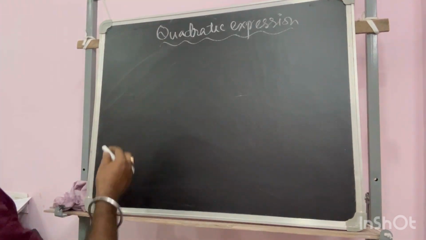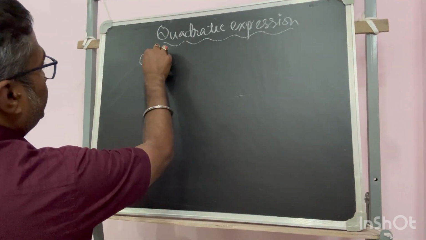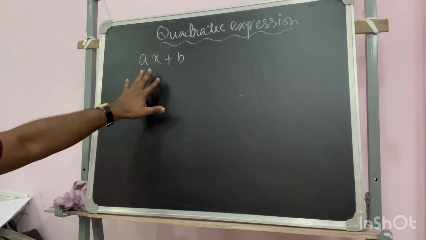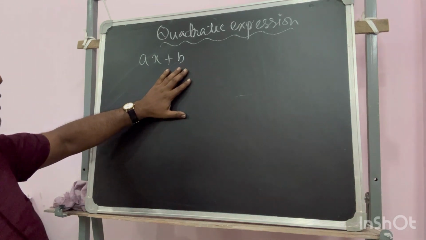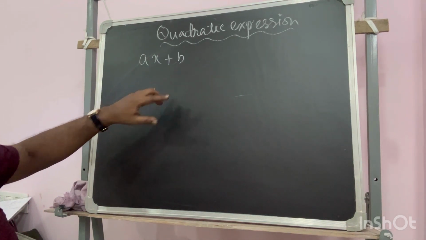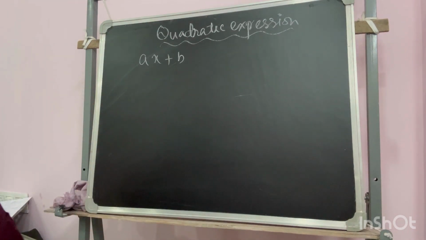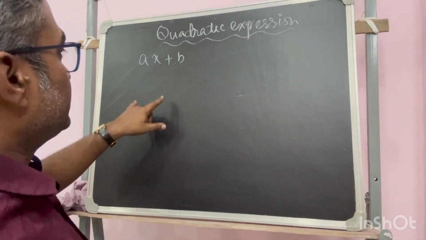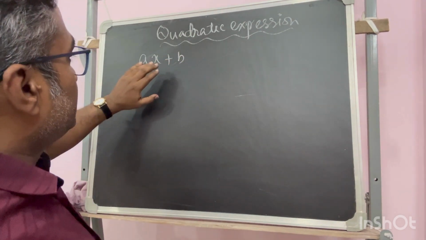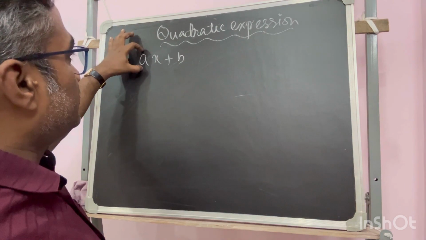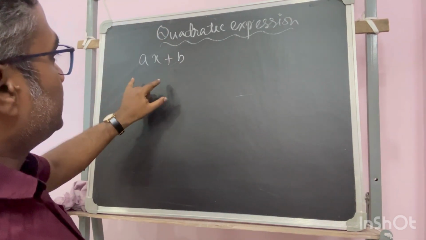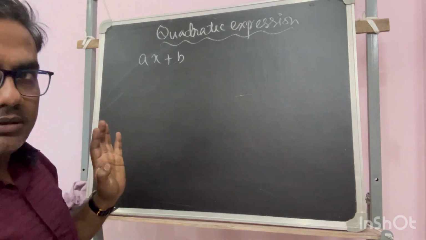That means if I say ax plus b, and this is an expression. If I say this is existing in the universe or in reality, this will not conclude anything, but this consists of constants and x being a variable. They are related like that.